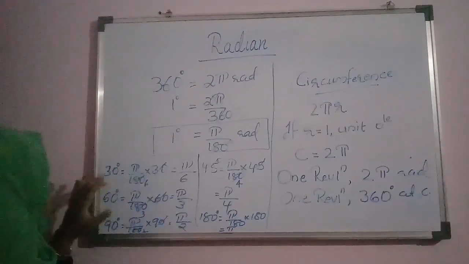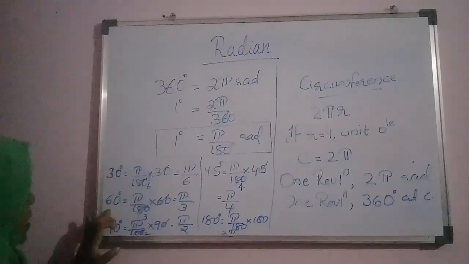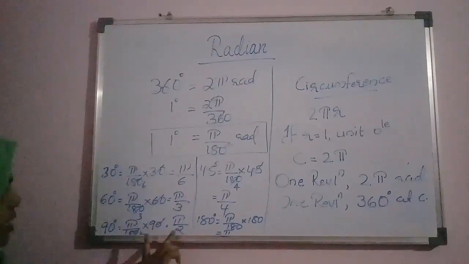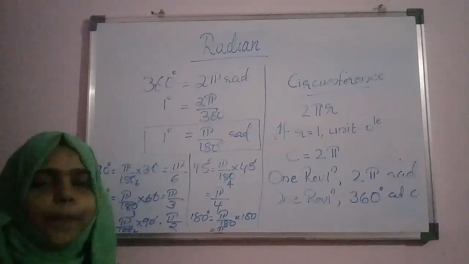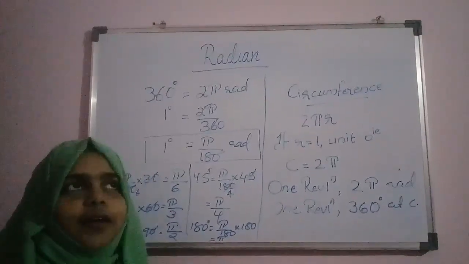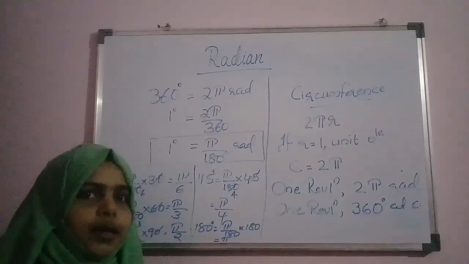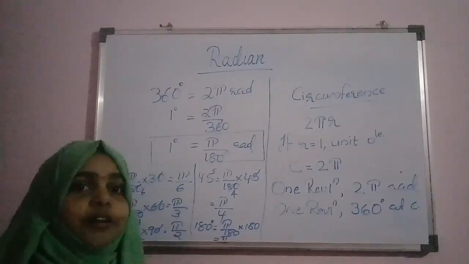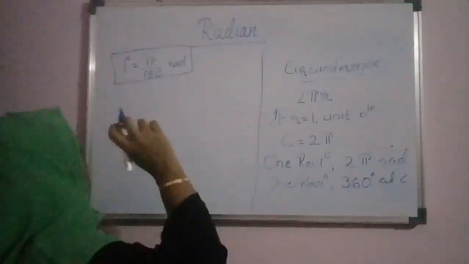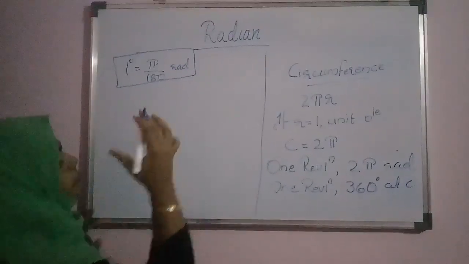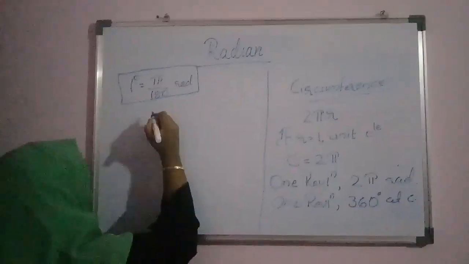Therefore 30 degree is equal to pi by 6 radian, 60 degree is equal to pi by 3, 90 is equal to pi by 2, 45 is equal to pi by 4 and 180 degree is equal to pi. So hereafter when you hear 30 degree, you should also know how to convert this 30 degree into radian measurement. Easy.